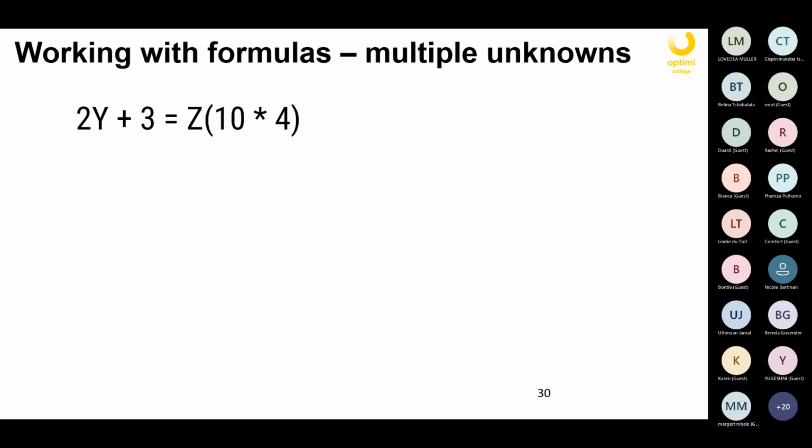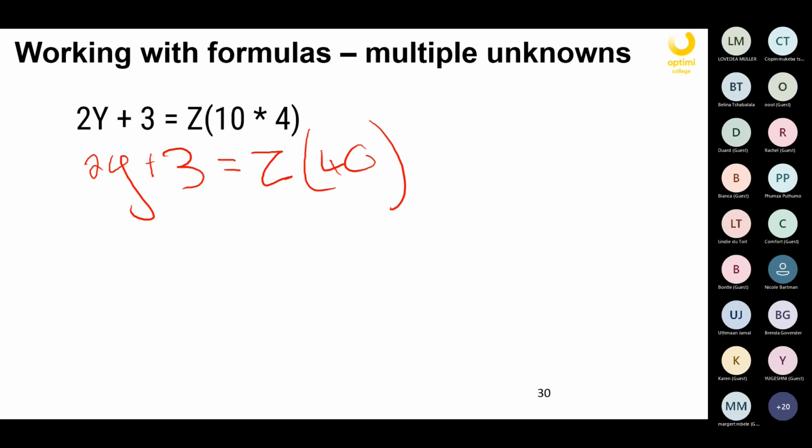So I'm going to do this for you, for the purpose of time. 2y plus 3. The first thing I do is I do the calculations. Equals z times 40. 10 times 4 is 40. So 2y plus 3 equals 40z. If there's nothing between the 40 and the z, it is a multiply. And we write 40z, we write the number before the alphabet letter, not z40. Okay. They want y alone.